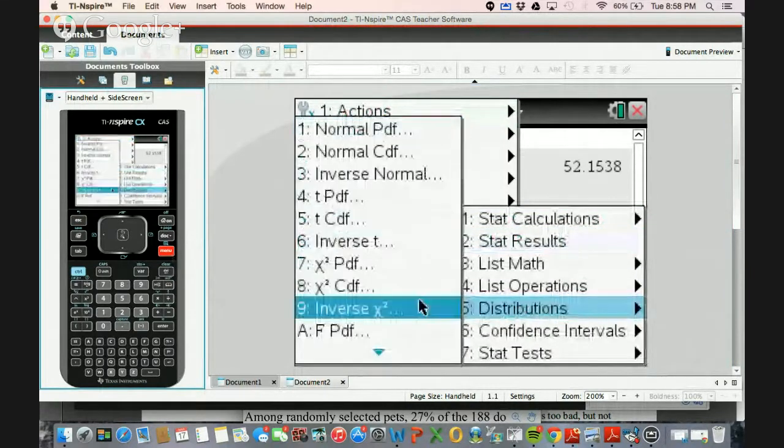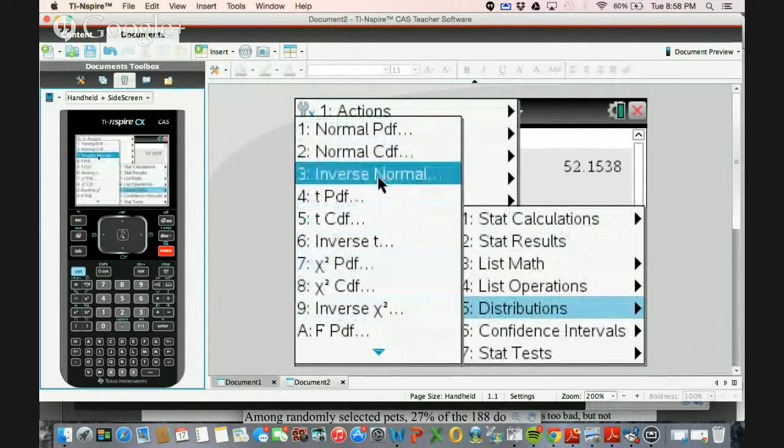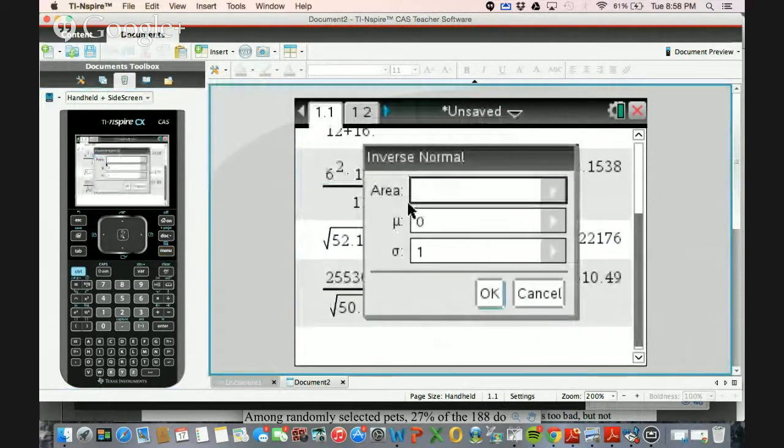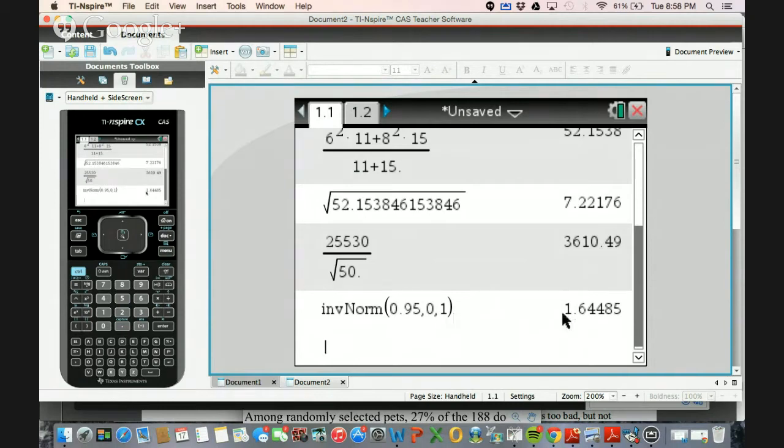Statistics, distributions, inverse normal. Since I'm looking for a 90% confidence interval, my area is going to be 0.95. That gives 1.64.